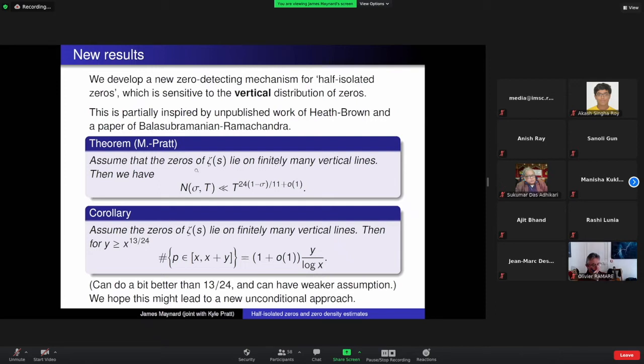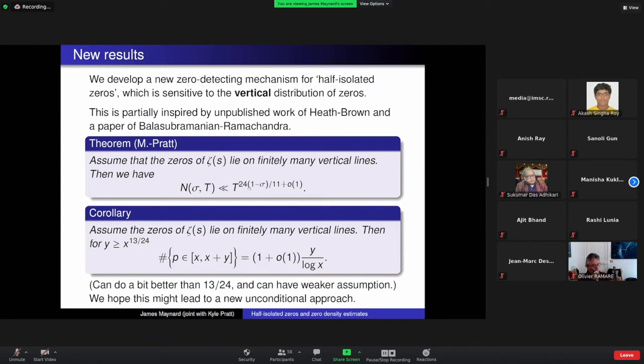So, for example, imagine that the zeros of the zeta function lie on finitely many different vertical lines. Under this assumption, our zero detecting mechanism works very well, and we get improved zero density estimates.